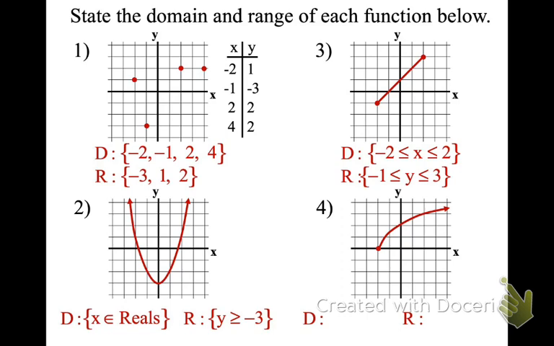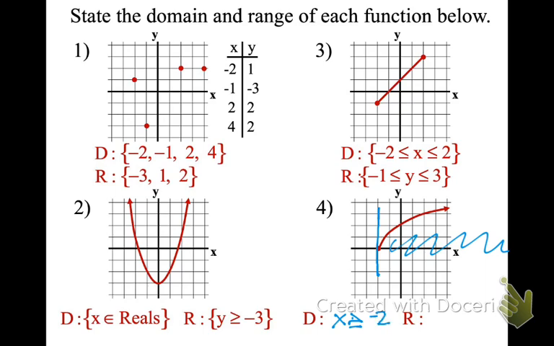All right, now let's check our work. Now, really quickly, my domain, I'm looking at my width. It goes on in this whole direction. So, my x is greater than or equal to -2.